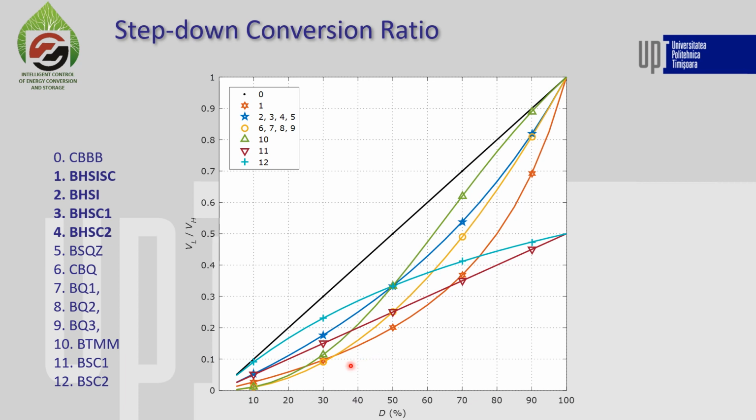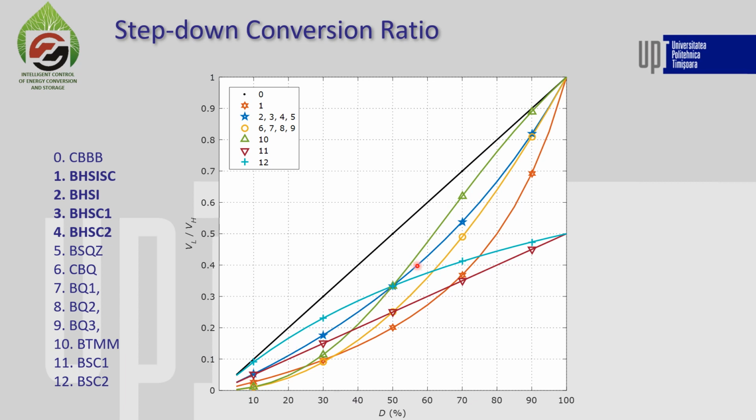So now, if we look at the lowest conversion ratio, we see here that the quadratic converters from 6 to 9 have the lowest conversion ratio, and then they are closely followed by number 10, the triangular modular multi-level converter, and then we have number 1, the bidirectional hybrid switched inductor converter, which also has a quite low conversion ratio.